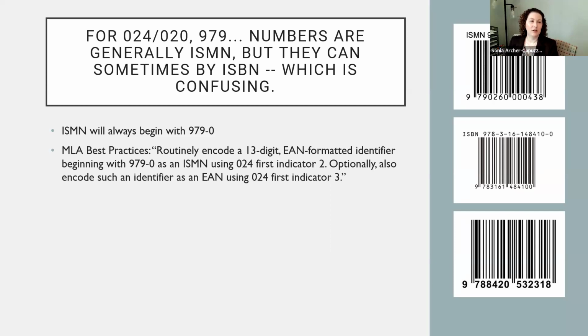You can optionally also encode such an identifier as an EAN using 024 first indicator 3. There's not anything specifically about ISMNs, and some ISBNs do have those same at least 3 initial digits. Double check that 0. I think the 0 is pretty clear.